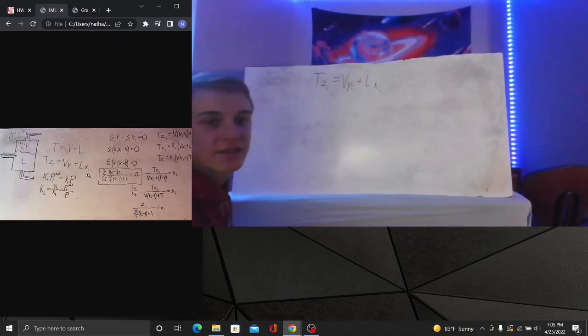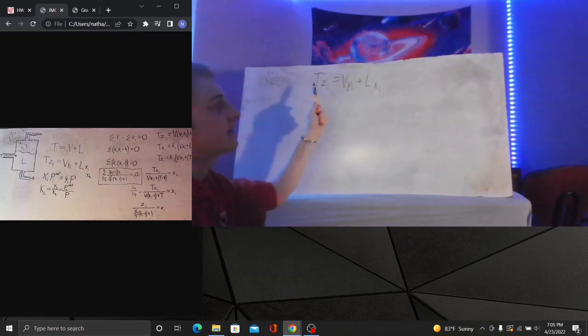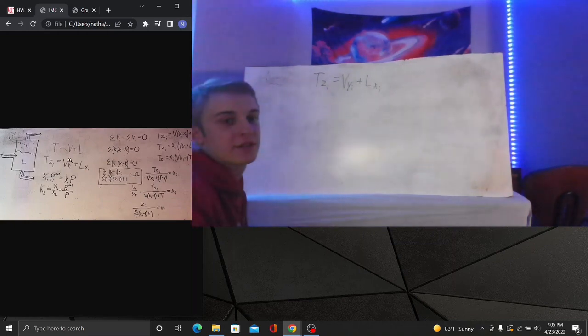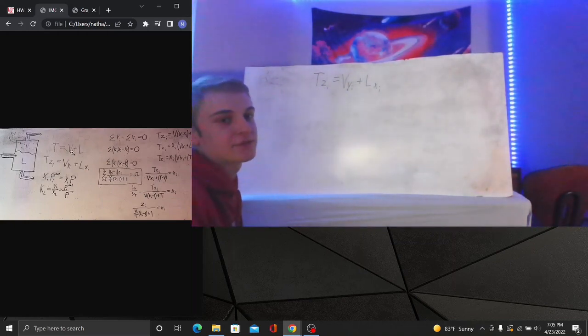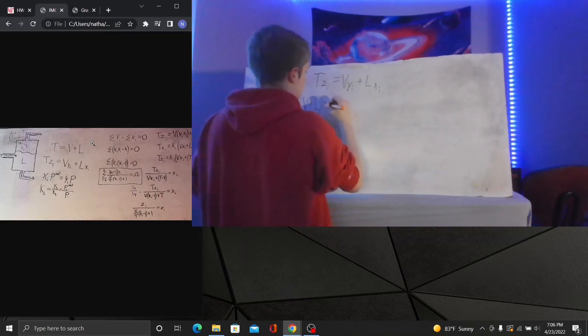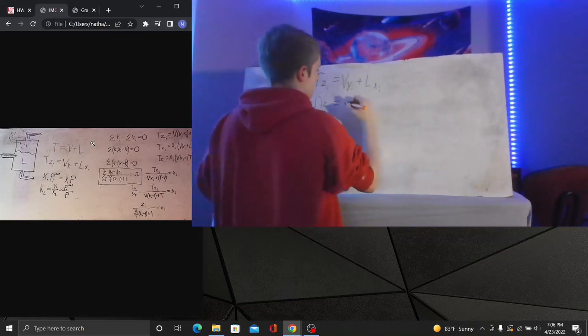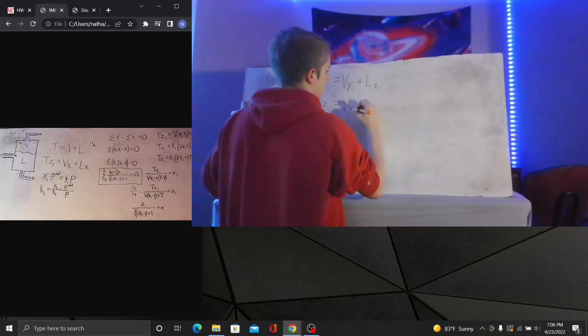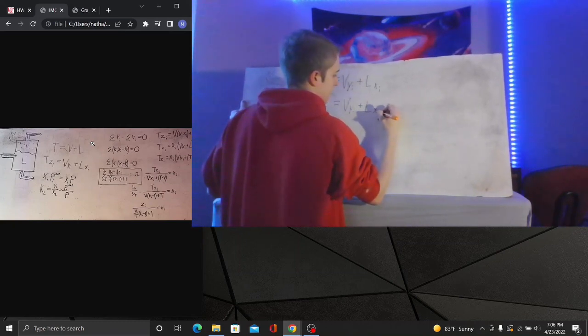And now we can substitute for this T using this equation here and just substitute in V plus L. So it'll be V plus L times Zi equals V Yi plus L Xi.